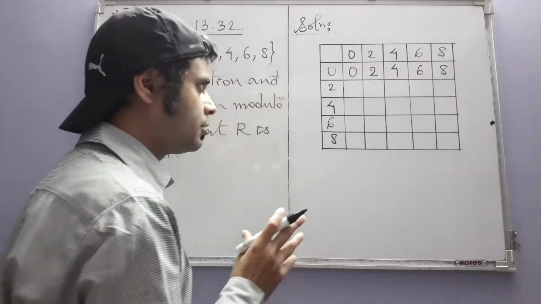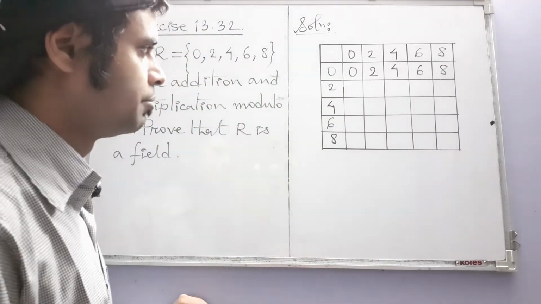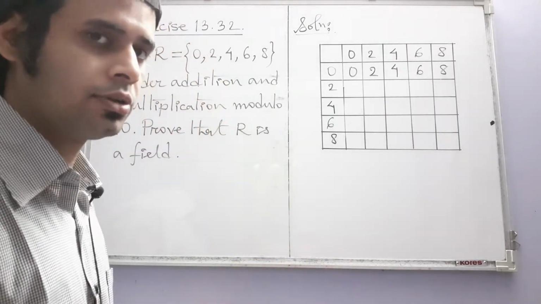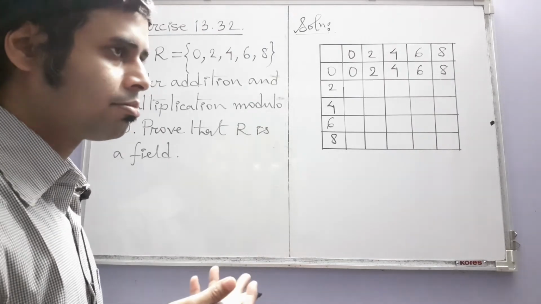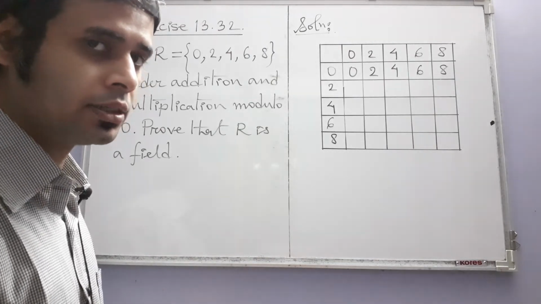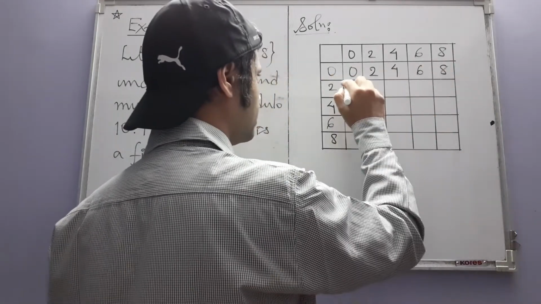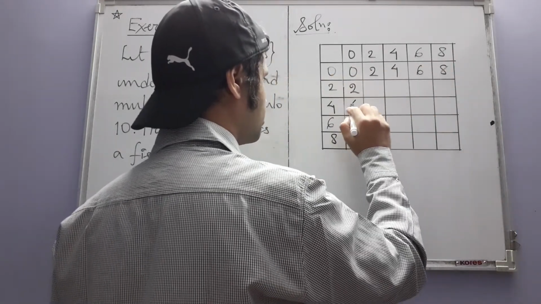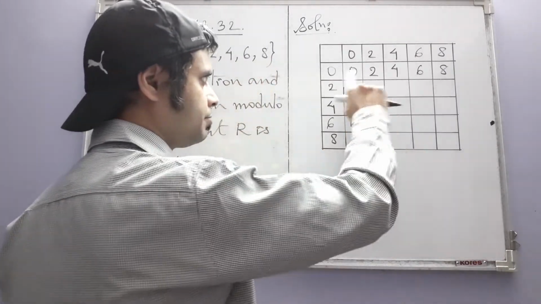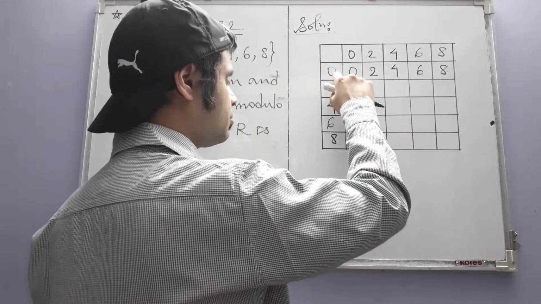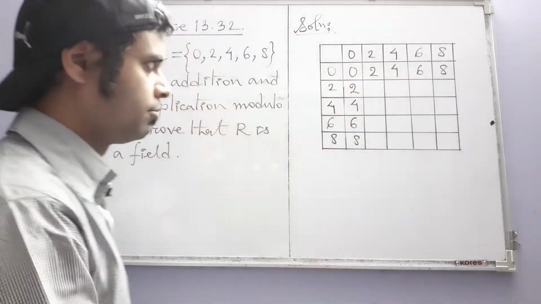And because addition modulo n, of course the modulus is 10 here, the general one is addition modulo n, but now we have addition modulo 10, that operation we already know is commutative. So from these entries we can automatically say that these entries also are the same. That's because 0 plus 2 is 2, so 2 plus 0 is also 2, like that.